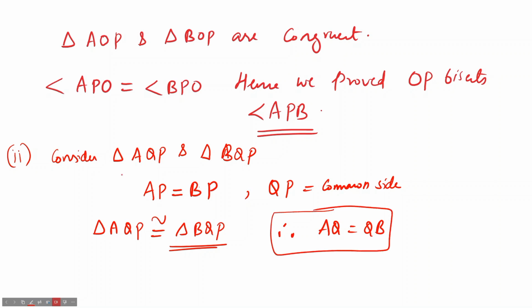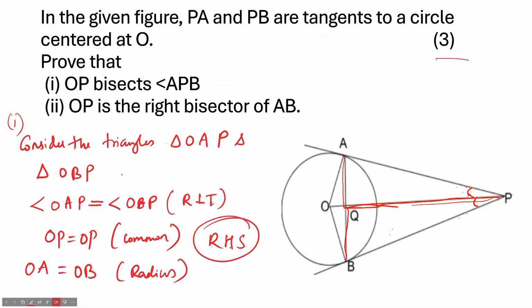Okay. So we proved OP is bisecting the line AB. And what about these angles? These angles are equal and this is a linear pair of angles, right? As this is a straight line, the total should be 180 degrees. So one angle should be 90 degrees, correct?